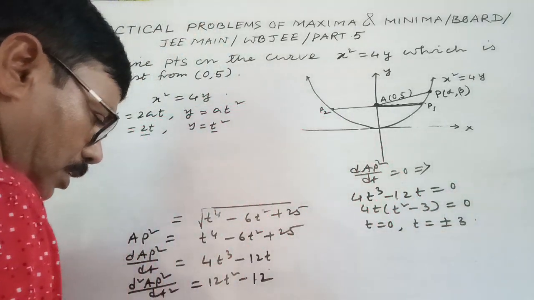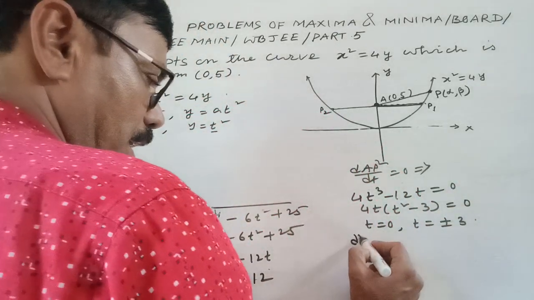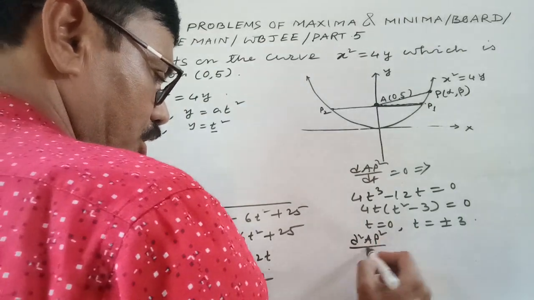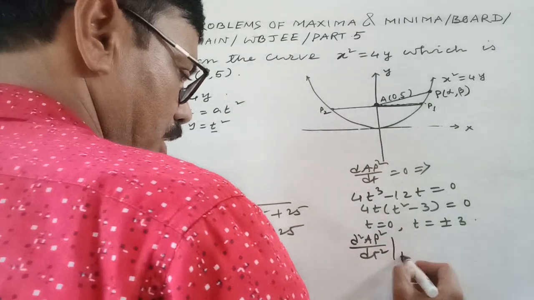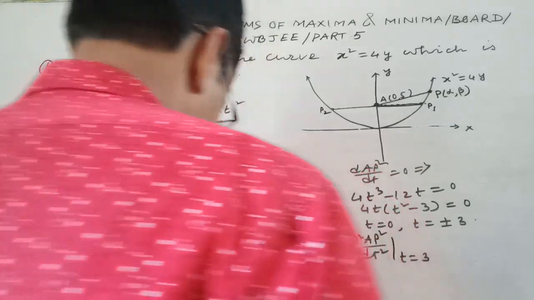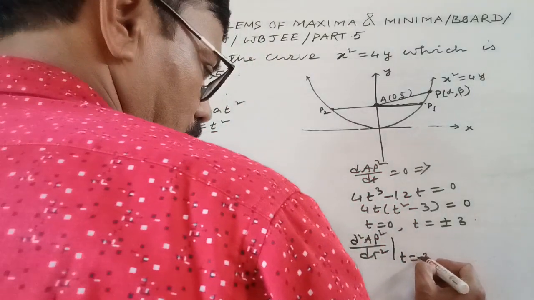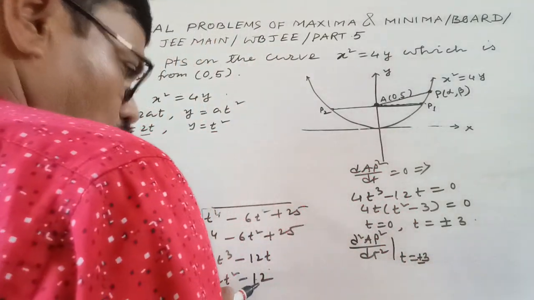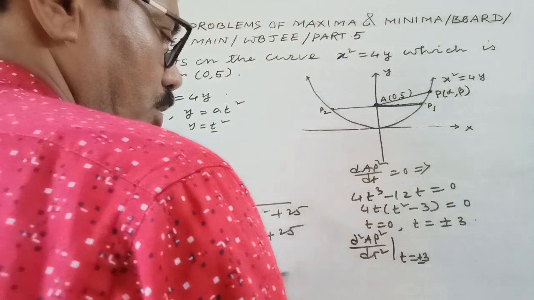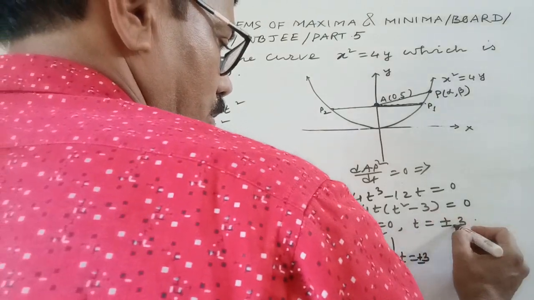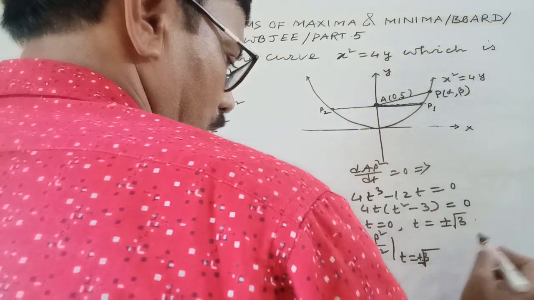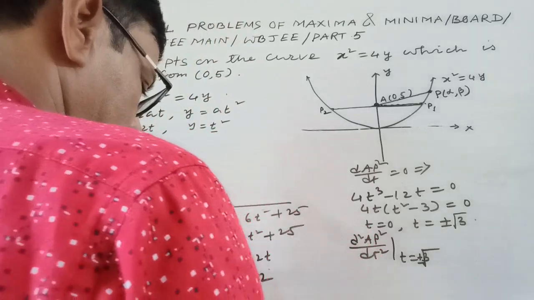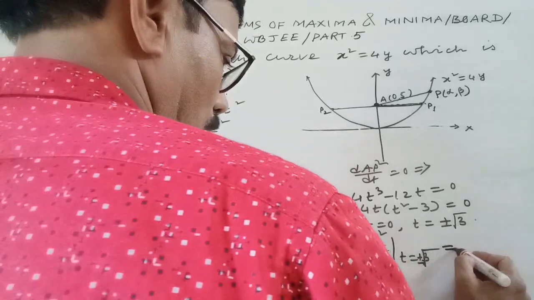So the double derivative, d square AP square by dt square at t equals plus minus root 3. In both cases t square equals 3, so you are getting 36 minus 12, so 24, greater than 0.